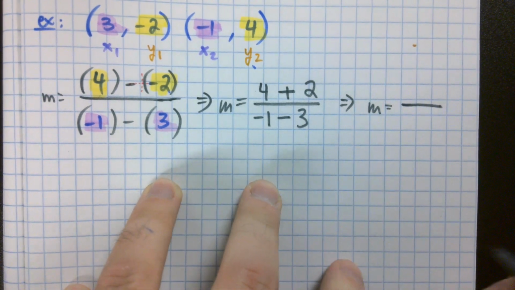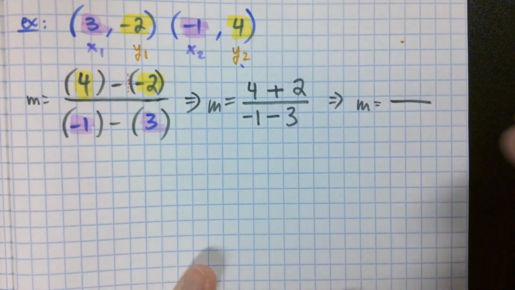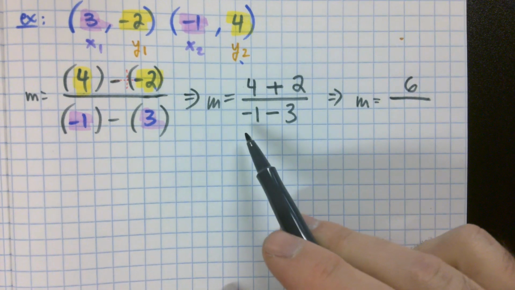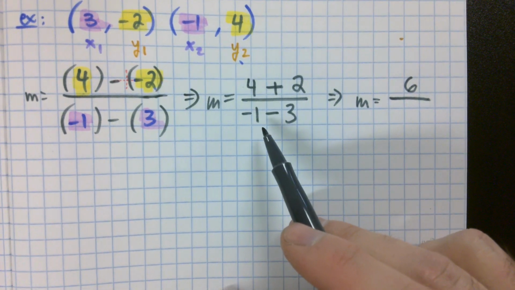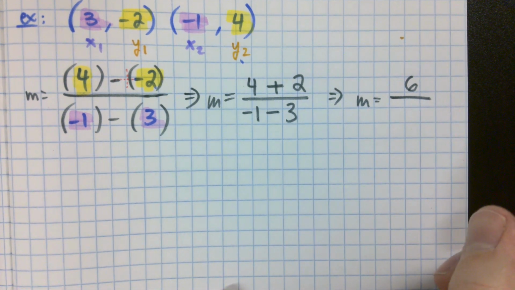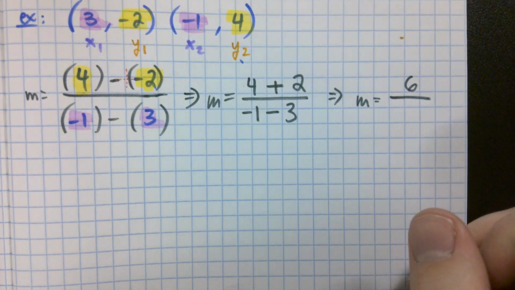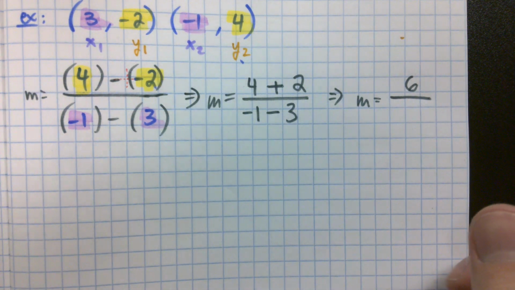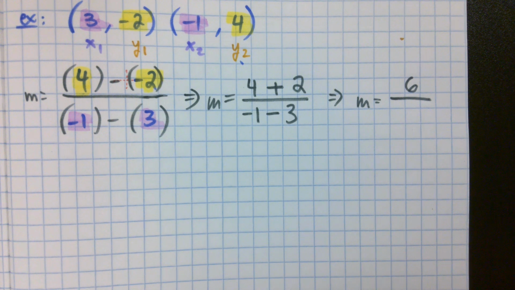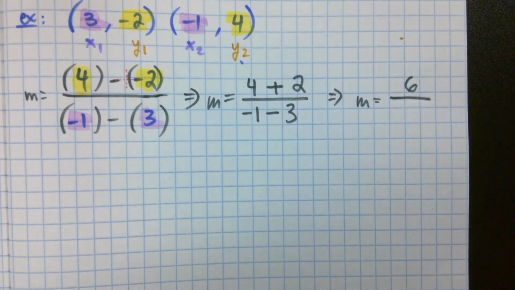What does 4 plus 2 give us on the top? 6. Now think about this carefully. Negative 1 minus 3. What's that going to give us? Take a look at your number line and walk it out. Start at negative 1. Subtract 3 to the left. Where do you land?